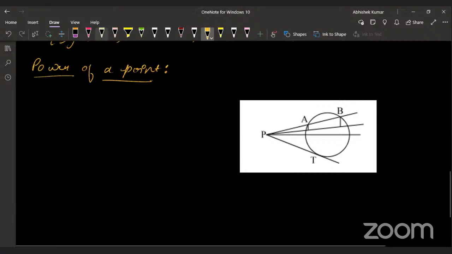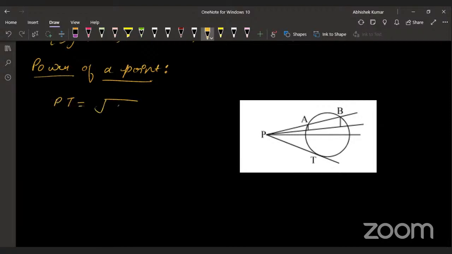So this tangent is PT, right? So what is PT? Can someone tell me? PT is root S1. Yes or no? PT is root S1, the length of tangent. I showed you that just now, right? So if I take the square of both sides, I will get PT square is equal to S1. This is one of the formulas for power of a point.